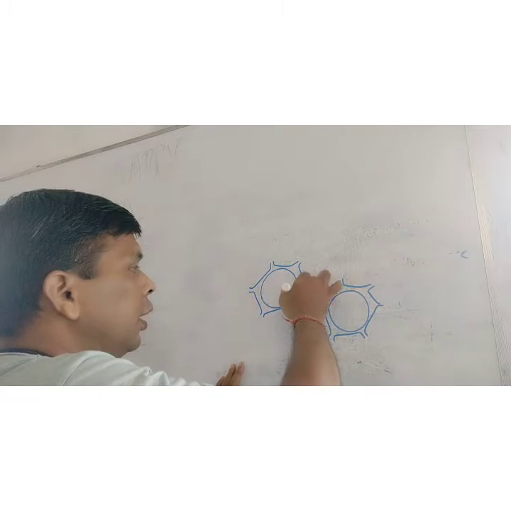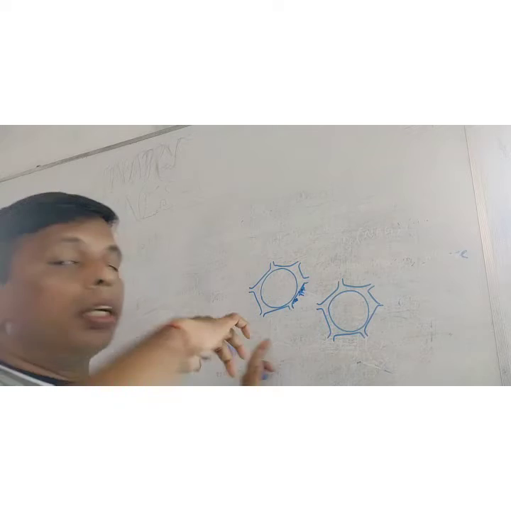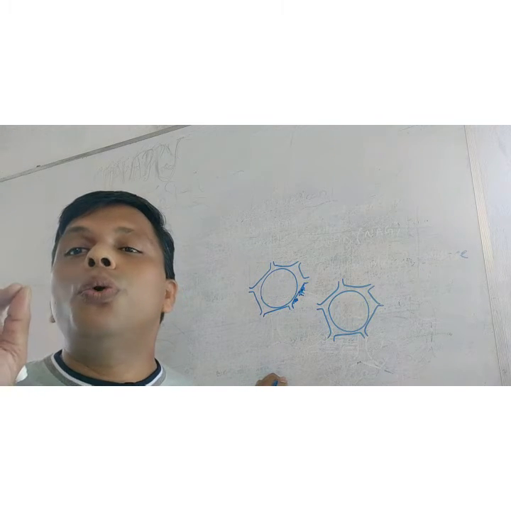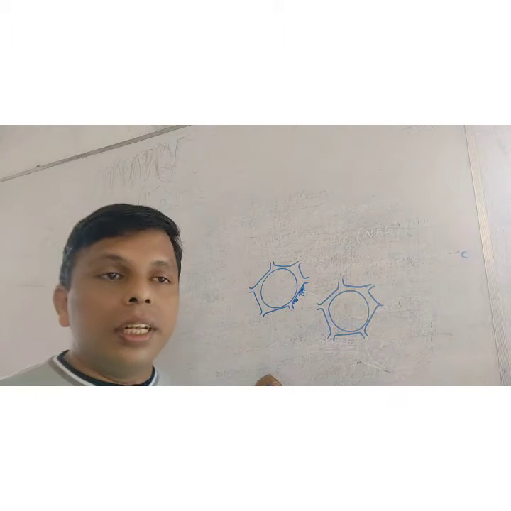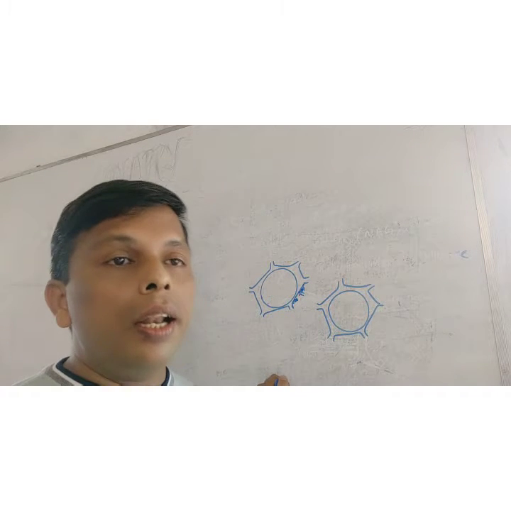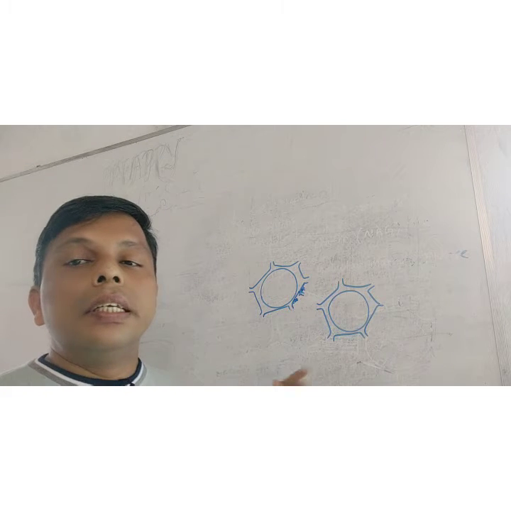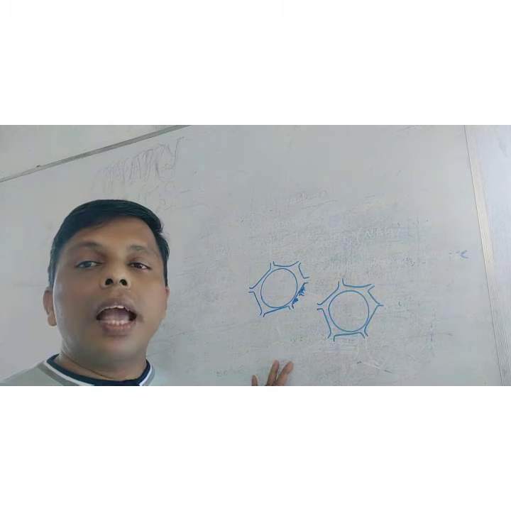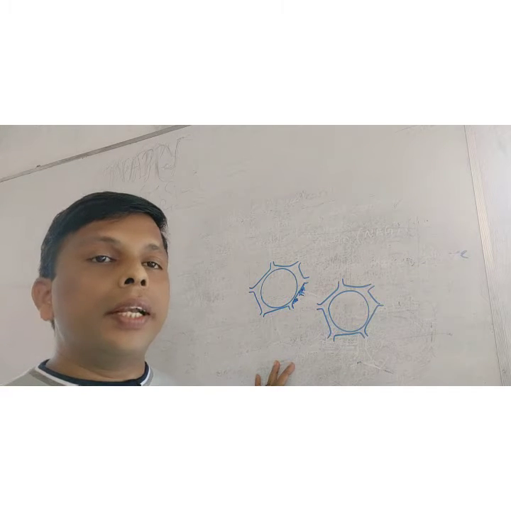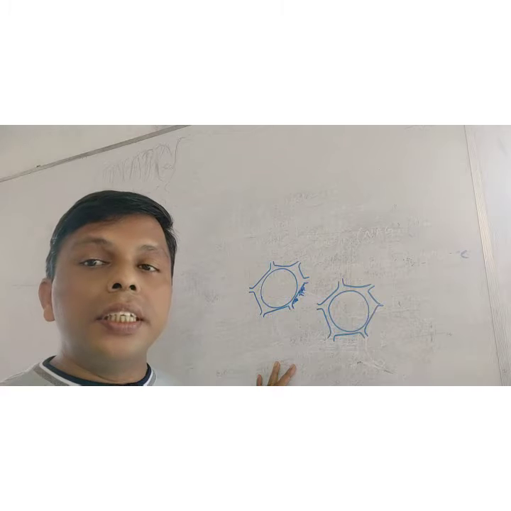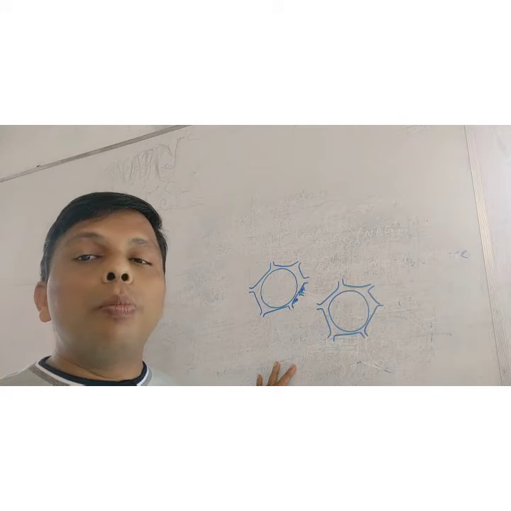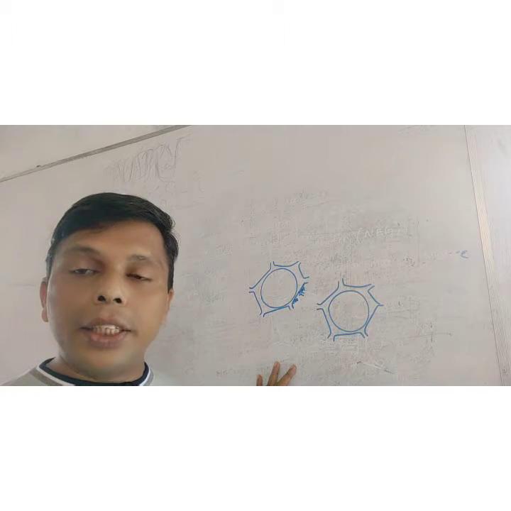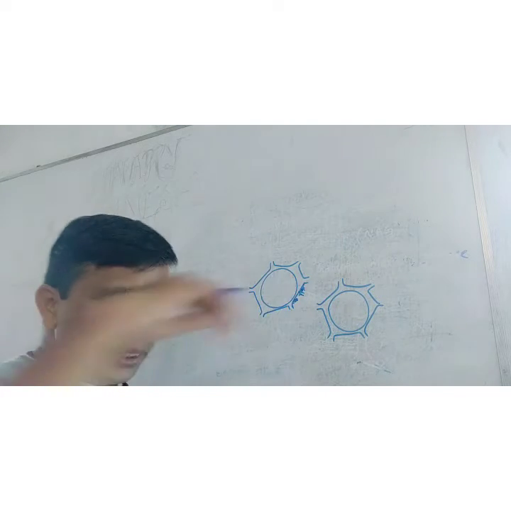The name is middle, but it is not in the middle of the cell wall. It is present between two adjacent cells, that's why it is called the middle lamella. It consists of calcium and magnesium pectate. It is a very rigid and supporting structure, and it produces plasmodesmata for adhering adjacent cells.